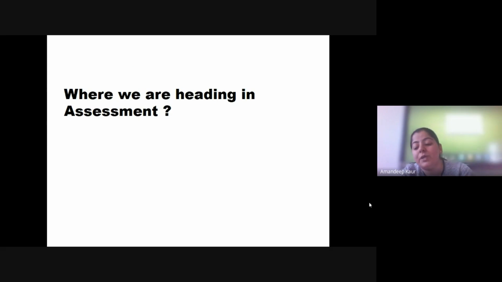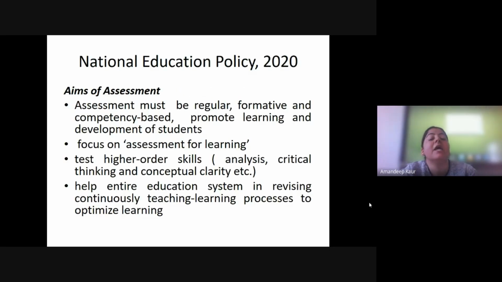We need to align our assessment practices with the new education policy. NEP 2020 is promoting continuous assessment at the institute level, and they specifically mention that assessment must be regular, formative and competency based, promoting learning and development of the student.